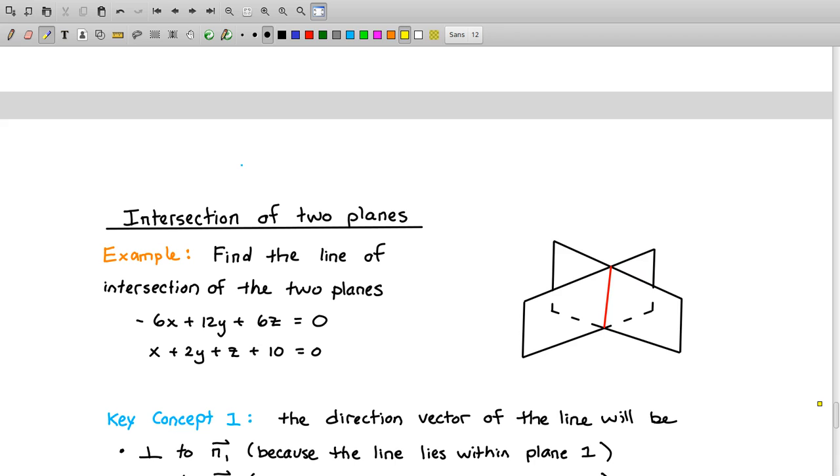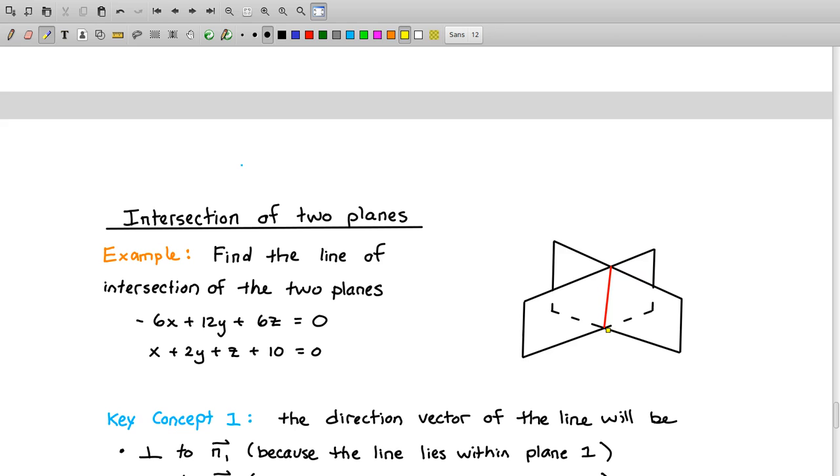So what can we say about finding this line? In general, like any line, we need a point and a direction. The direction is a little bit easier to obtain because if I'm in the first plane, which I am, then I'm perpendicular to the first normal.